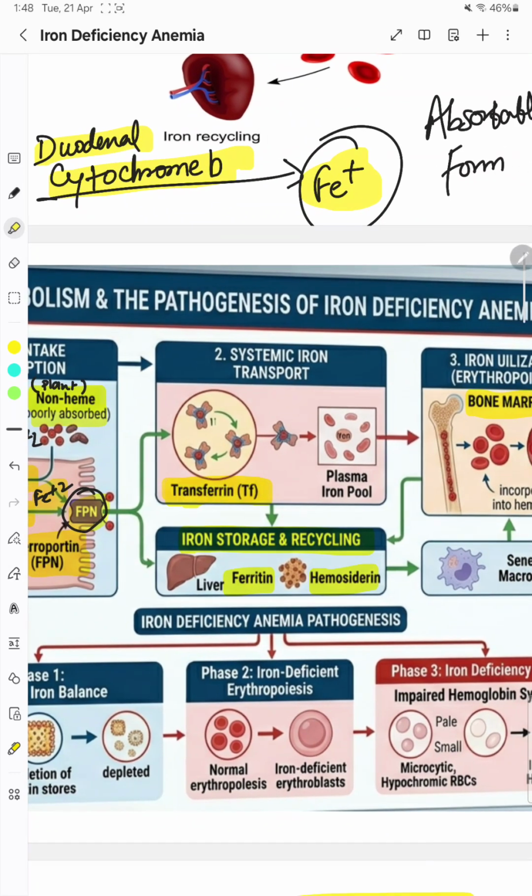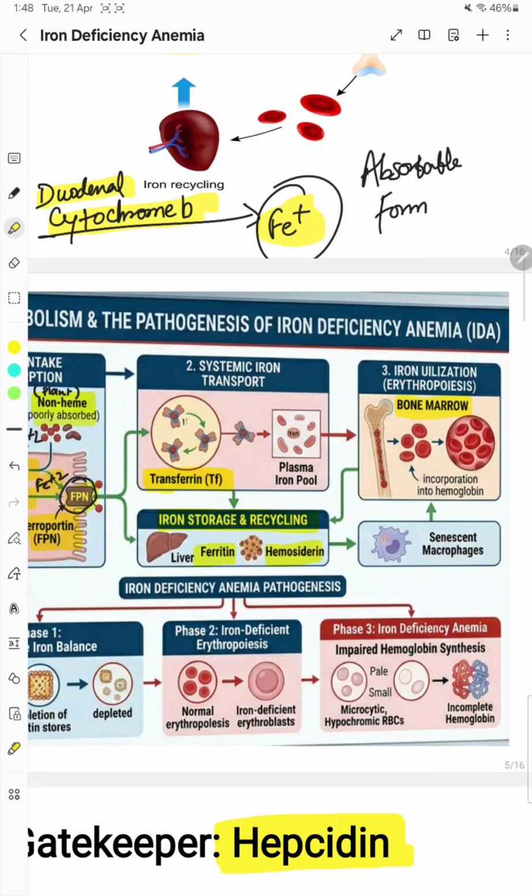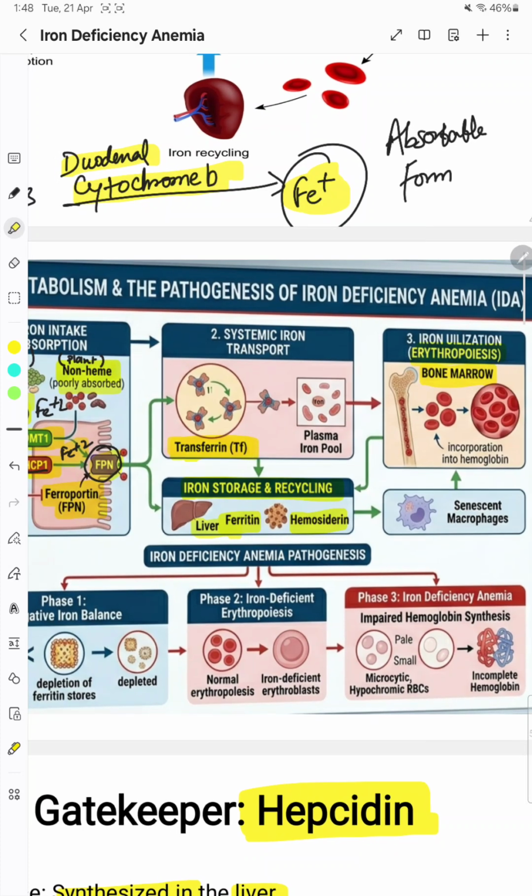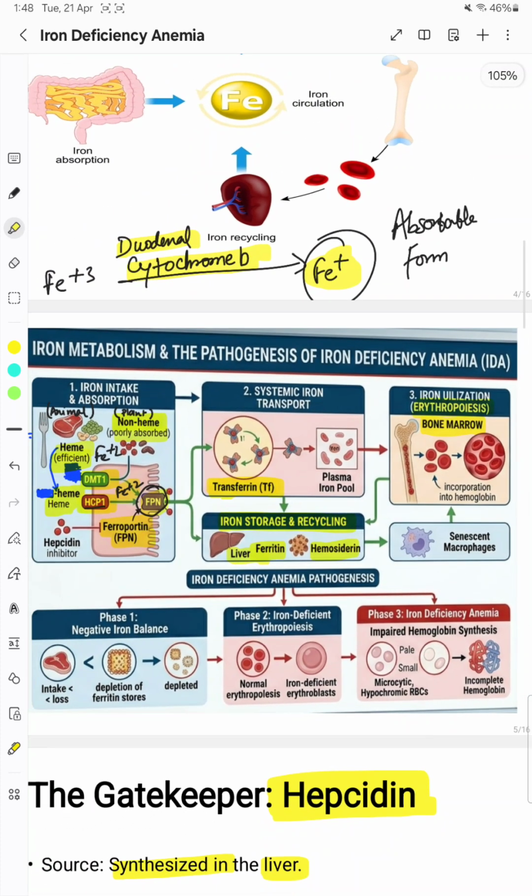This transferrin transports iron to various sites like the bone marrow for erythropoiesis, and some of the iron to the liver in the storage form as ferritin or hemosiderin.